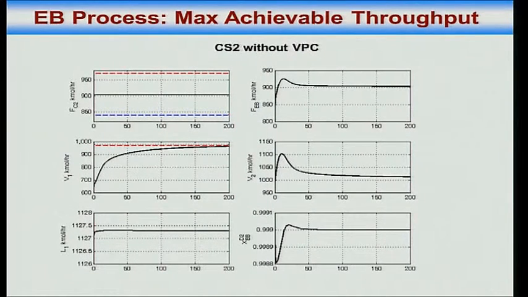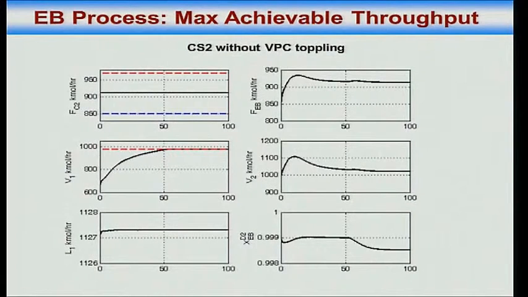When that 5% bias in the ethylene flow sensor comes, you find that V1 keeps going and it hits its maximum limit. If I am at 850 kilomoles an hour, when that disturbance comes, V1 hits its maximum limit.